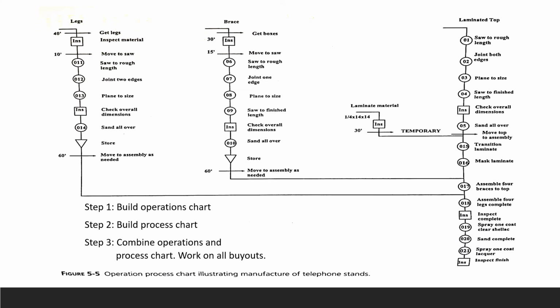So here's an example of operation process chart for telephone stands. For flow process chart, we build the operation charts like this, and then we build a process chart, the one that I showed you before, and we combine operations and process chart together, and then work on all buyouts as manufactured parts.